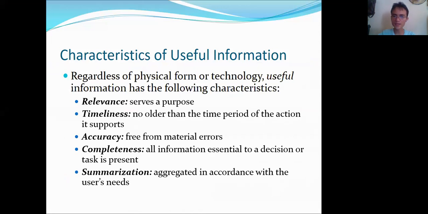Timeliness is that as soon as the information is needed, it's available. Accuracy, of course, we know that it should be free from material errors. Errors are normal for as long as they're within the bounds or the range for such to occur. Completeness is when all information needed to be able to make a wise decision would be available.